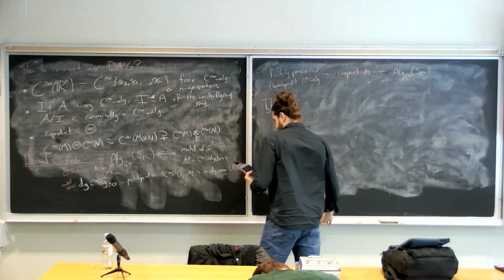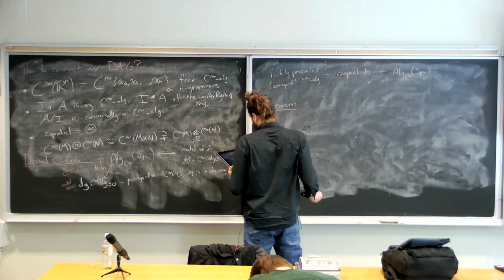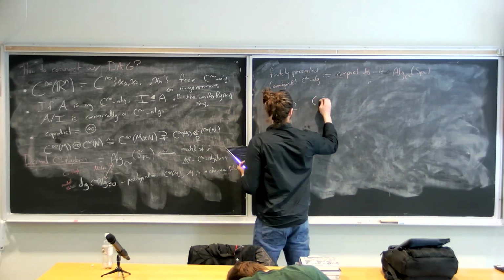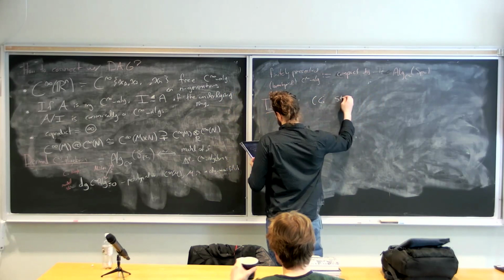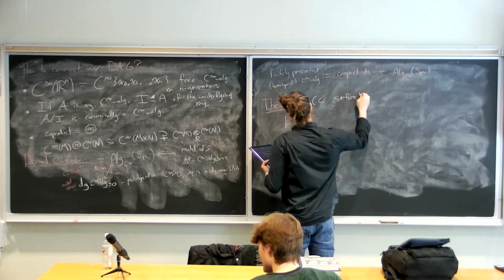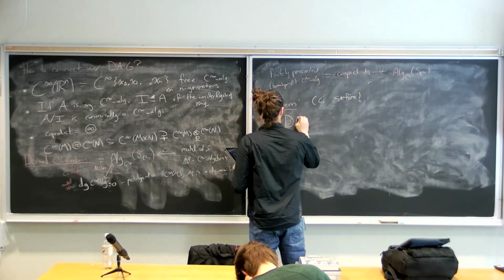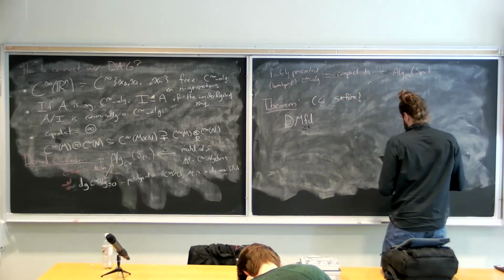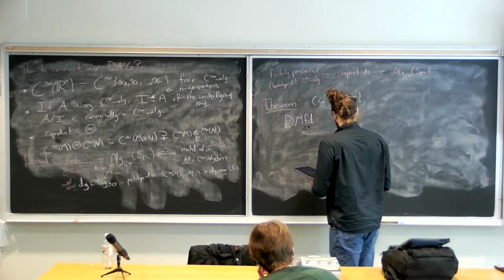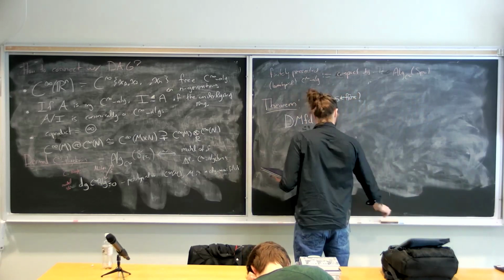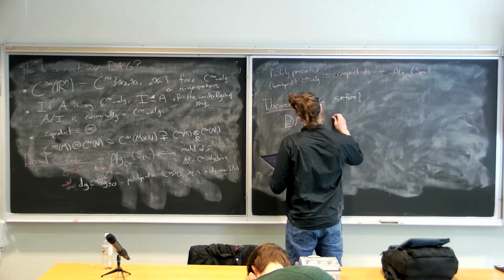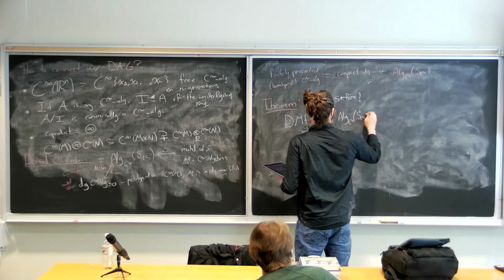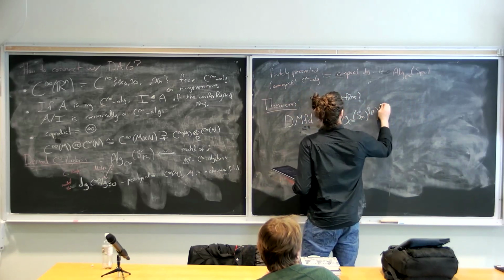Here's a theorem. This is myself and Hella Steffens, which says that derived manifolds, by its universal property, are equivalent to C infinity algebras in spaces which are finitely presented.